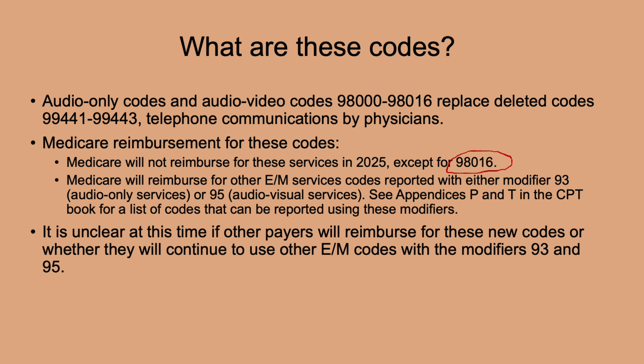Now, what about other payers? We don't know. It's unclear at this time whether they will accept them or they will still want you to use modifiers 93 and 95. But we still need to be familiar with these new codes if they're accepted in the future.